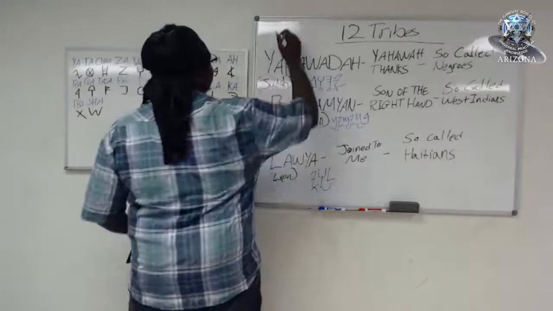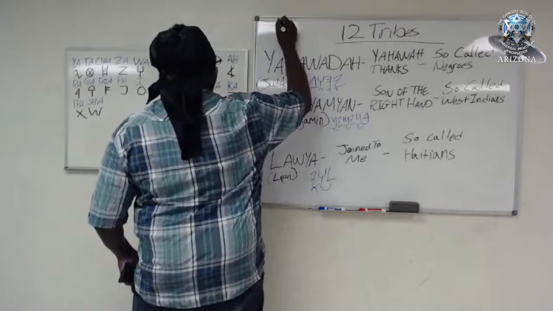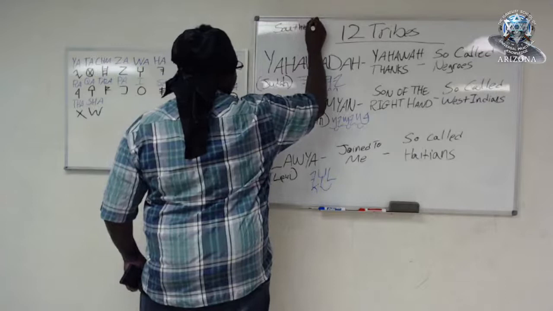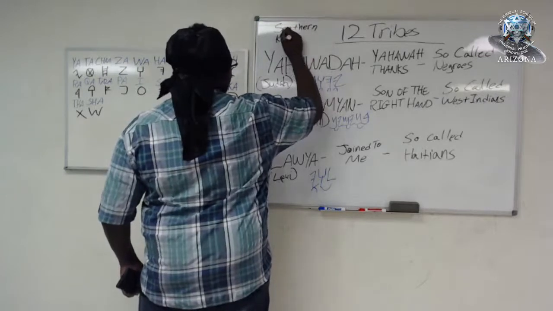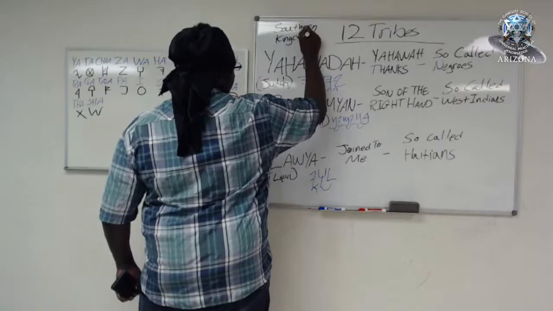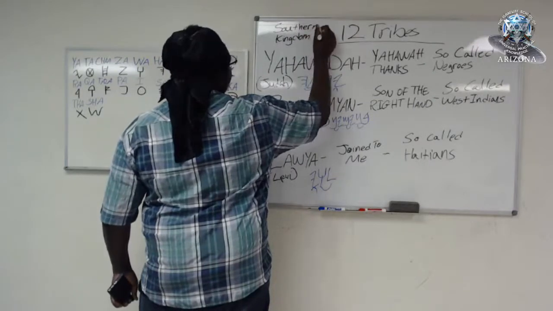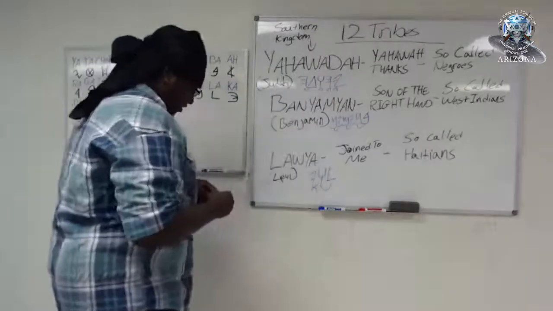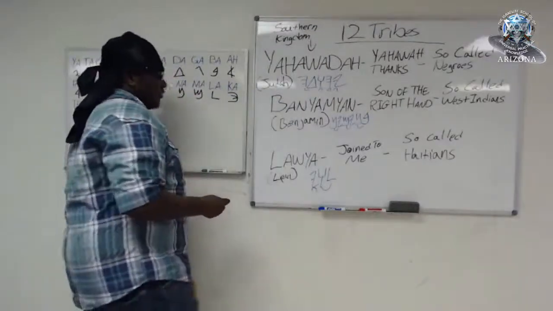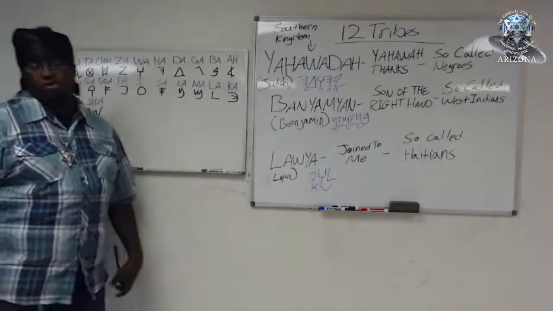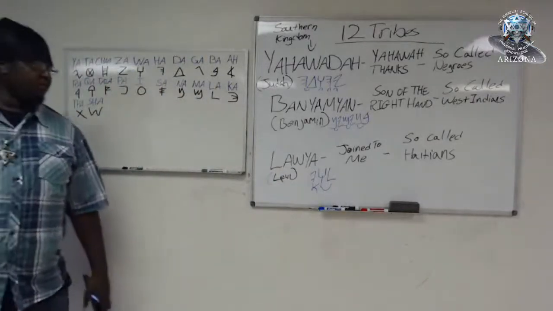These three tribes consist of what's called the Southern Kingdom, when the split happened. Remember, in Kings there's a split happening in Israel after the death of Solomon. The split between the Northern Kingdom and Southern Kingdom.